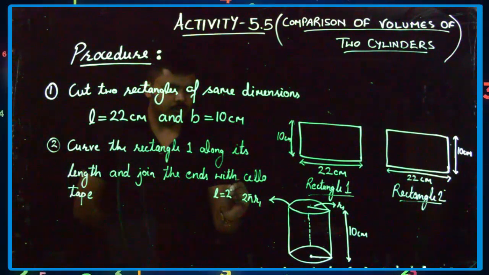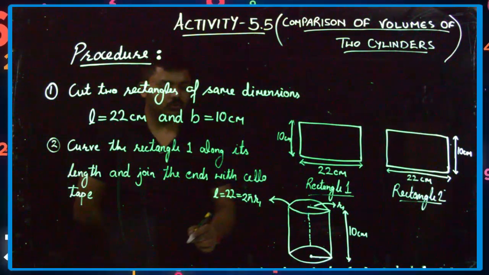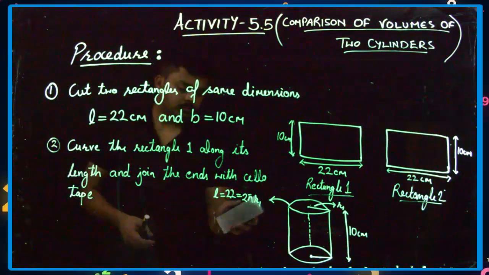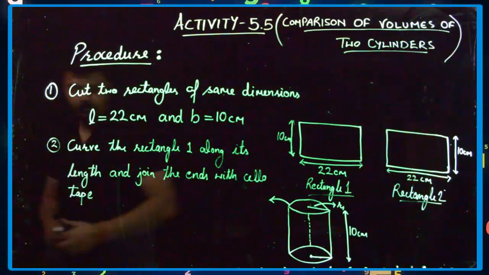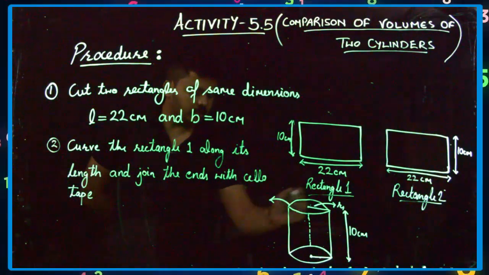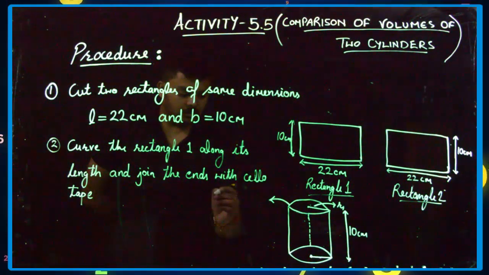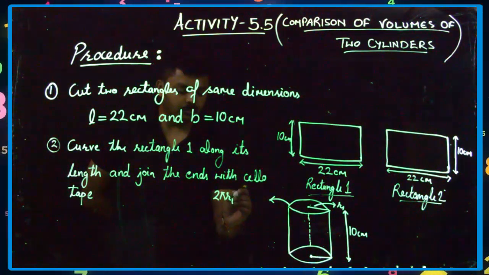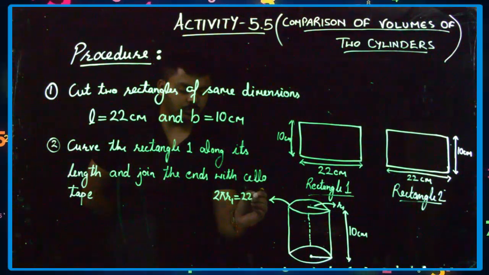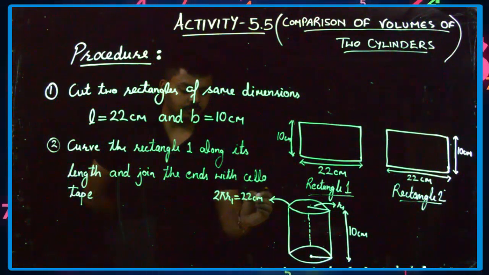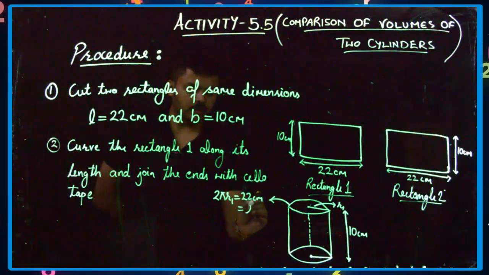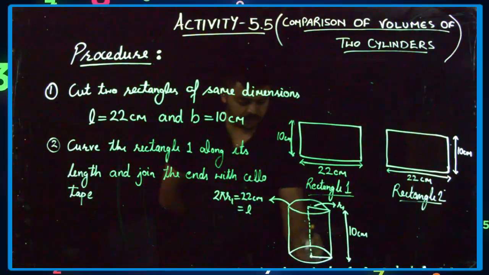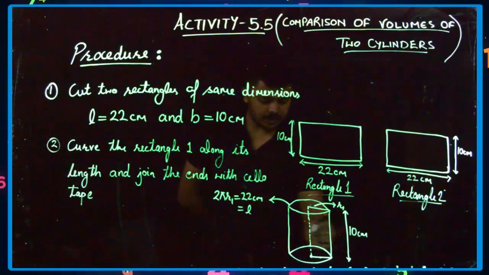Length equals 22 equals 2 pi r1, that is circumference. Now length becomes the circumference, so 2 pi r1 equals 22 centimeter equals L, length, and this is height h1.